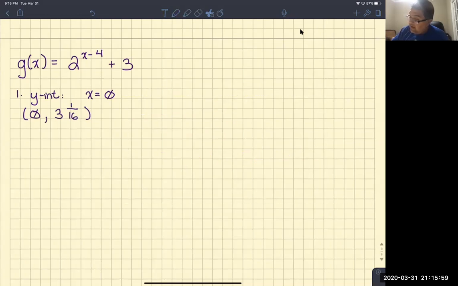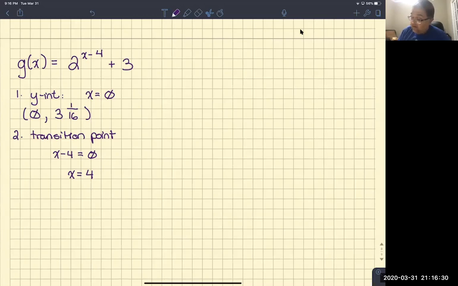Now, next thing we want to find is the transition point. To find the transition point, I want to set the entire exponent equal to 0. So x minus 4 equals 0. When I solve, I get x equals 4. That means the transition point occurs when x is 4.